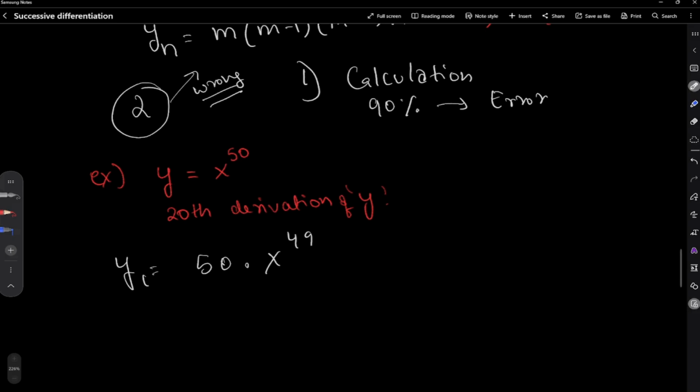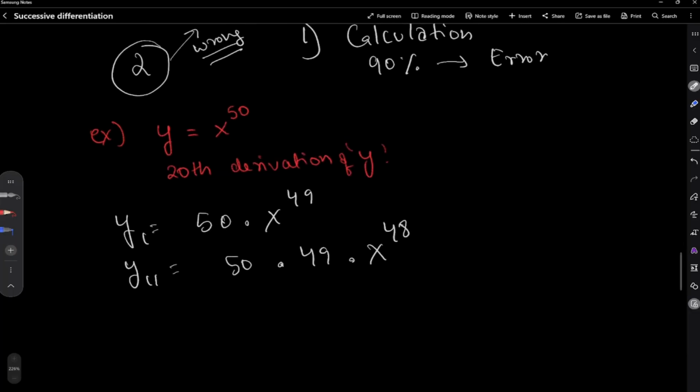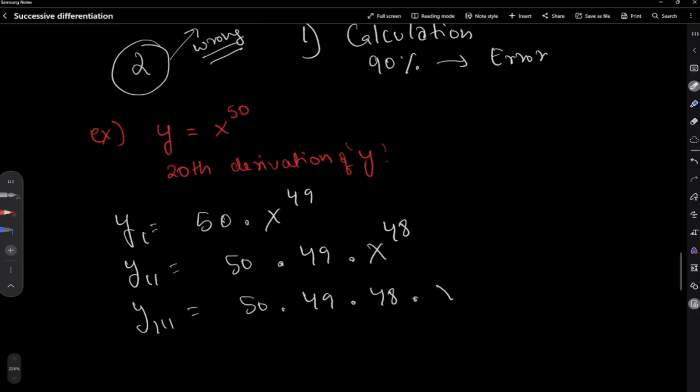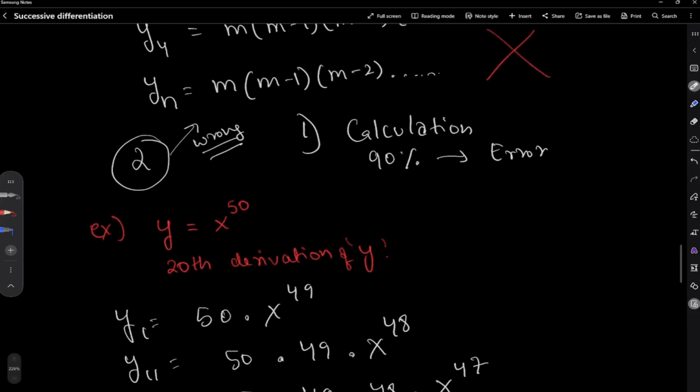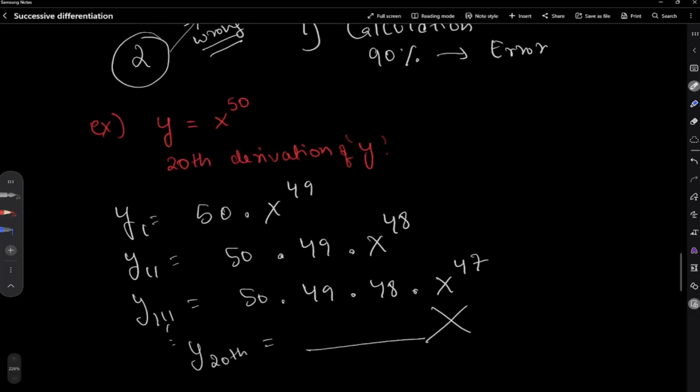My second derivative will be 50 times 49 times x raised to the power 48. My third derivative will be 50 times 49 times 48 times x raised to the power 47. And I have to do this till the 20th. We cannot do that. It's not gonna work. So this is why calculation is gonna take forever, and there is a high chance that we're gonna make an error while calculating, because multiplication is no joke.